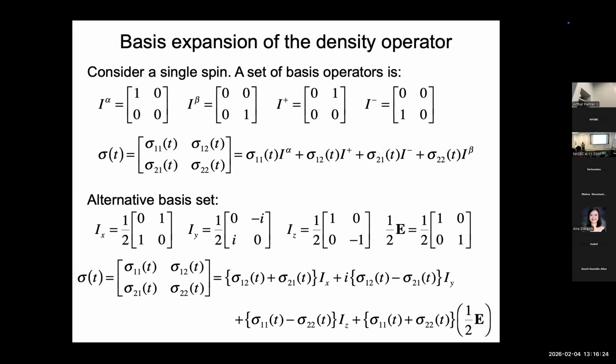So that would say a coherence that we think of as Ix can also be thought of as an equal mixture of I plus and I minus, so that we have coherence going up from beta to alpha and down from alpha to beta. We've generated two kinds of coherences in the new basis.